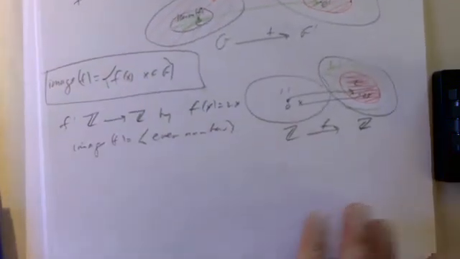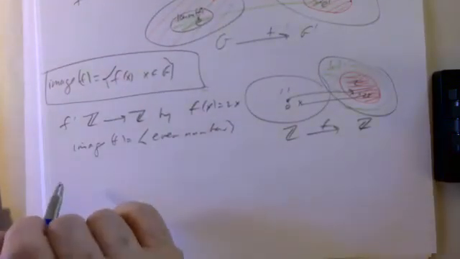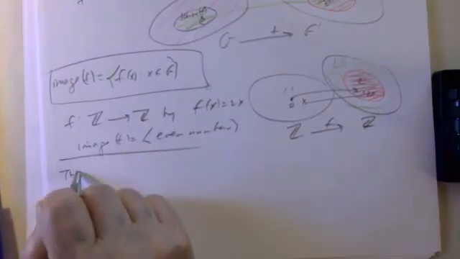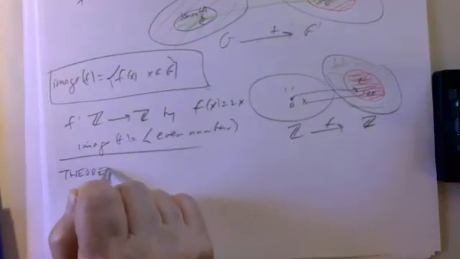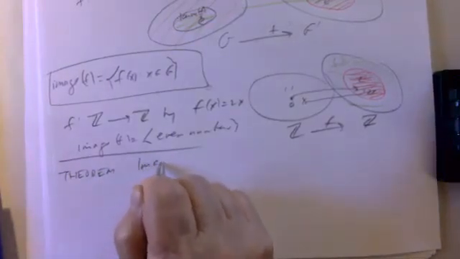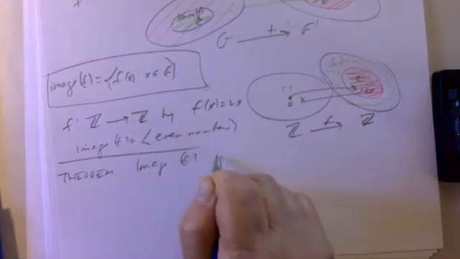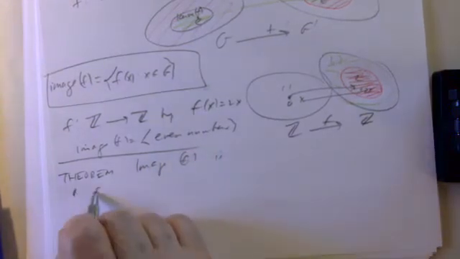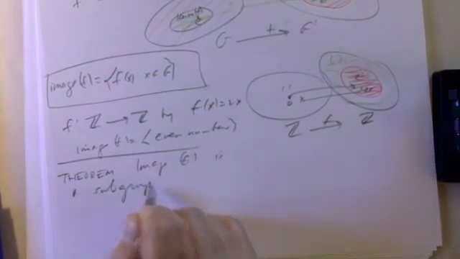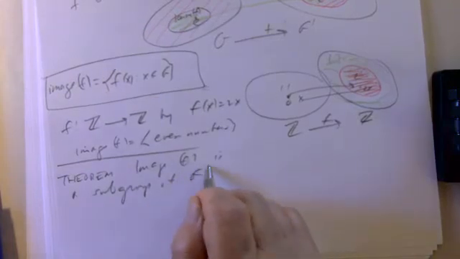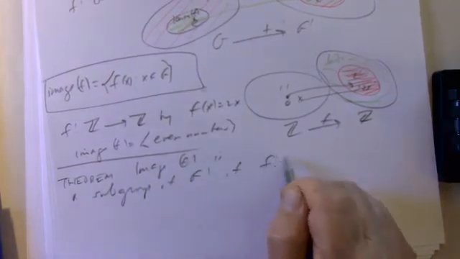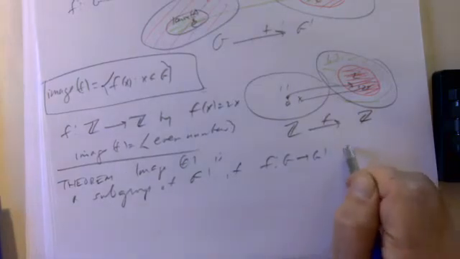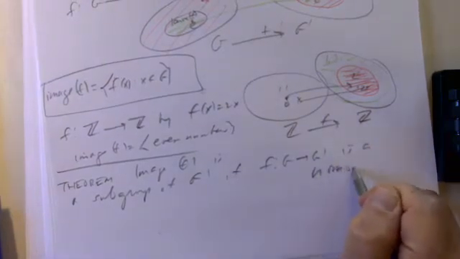And just the way the kernel of a function is a subgroup, we also have that the image of f is a subgroup of G prime if this function f from G to G prime is a homomorphism.